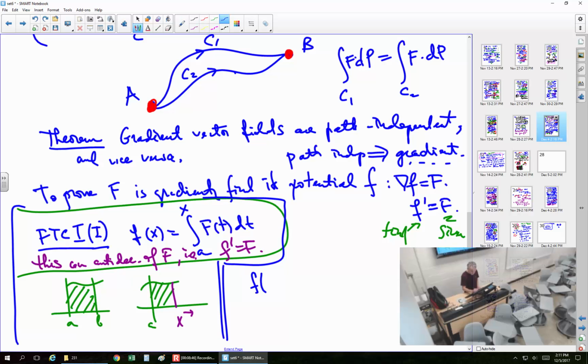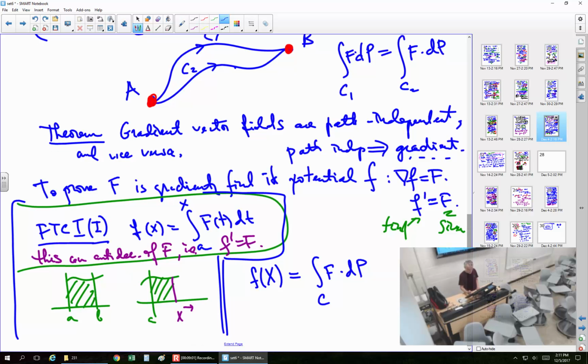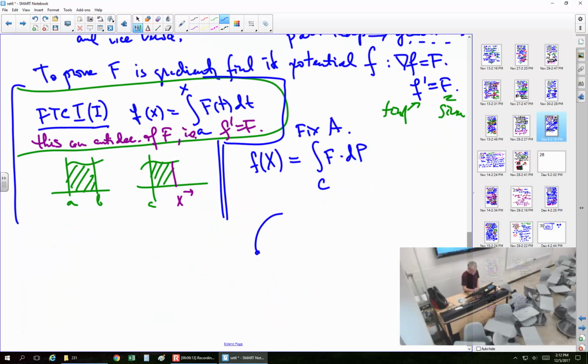So f of x capital, meaning that we're now talking about points in multidimensional space, is equal to the line integral over C of f dot dp. Well, I'm sorry, we start with a fixed point A, and then you integrate from point A along every imaginable curve.